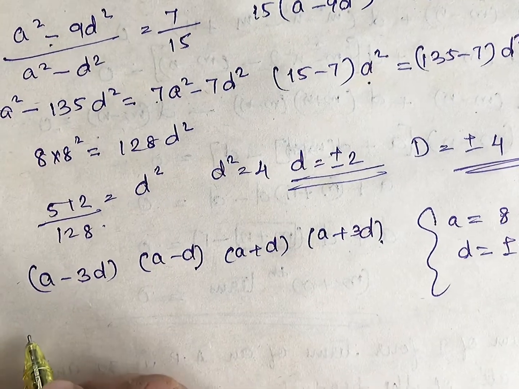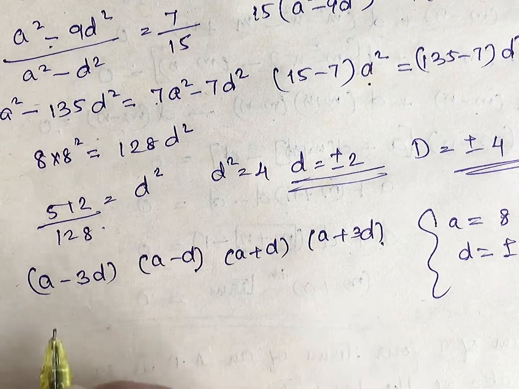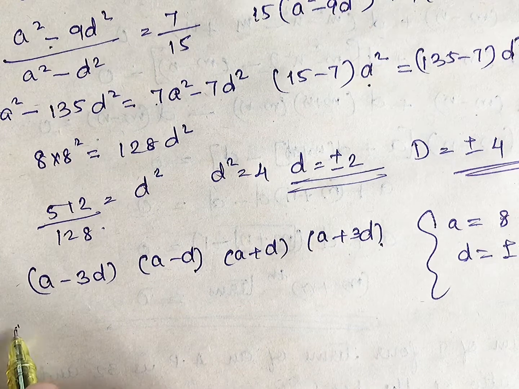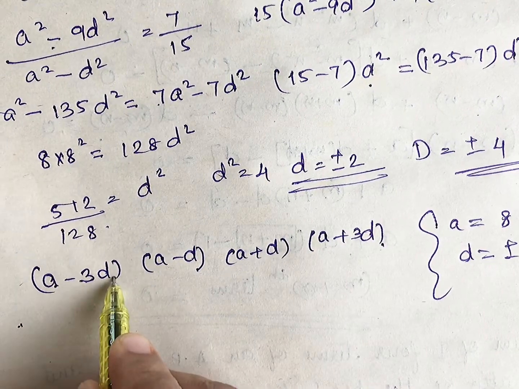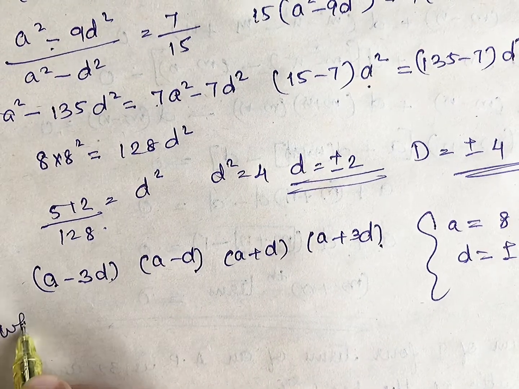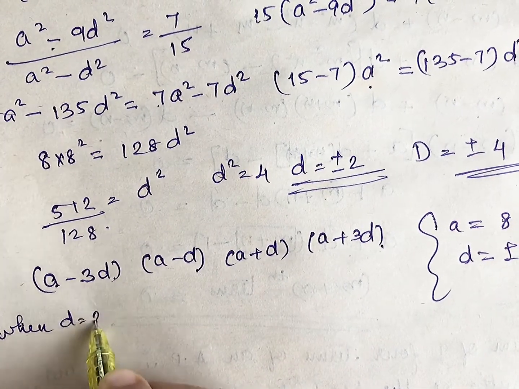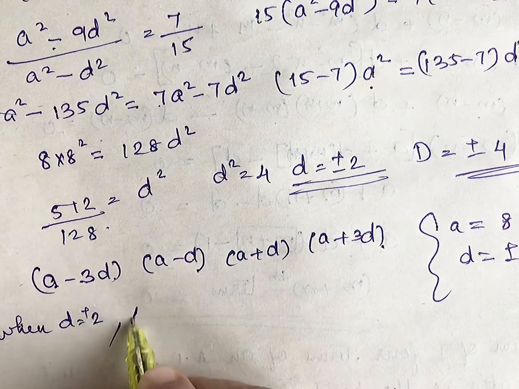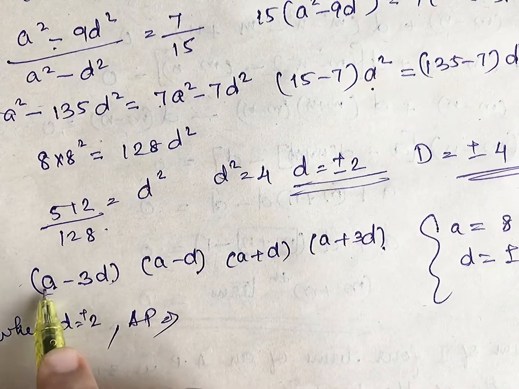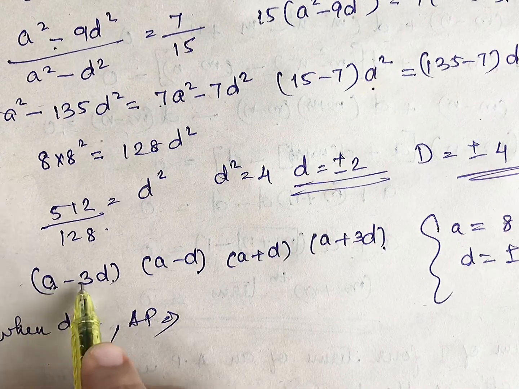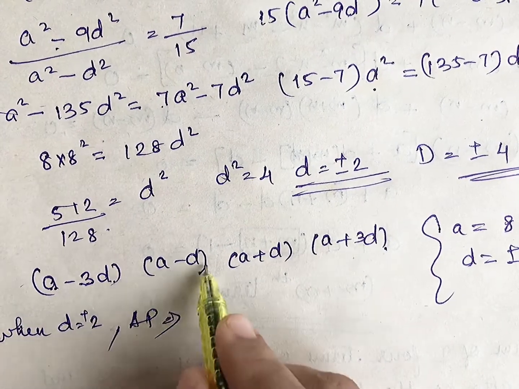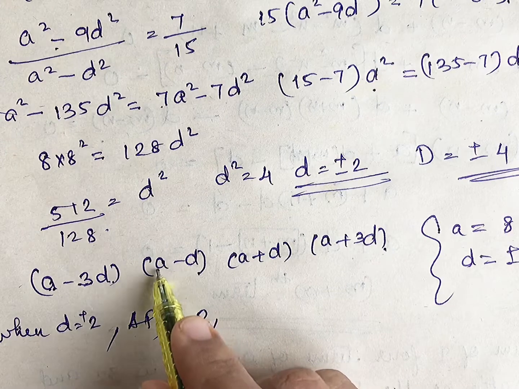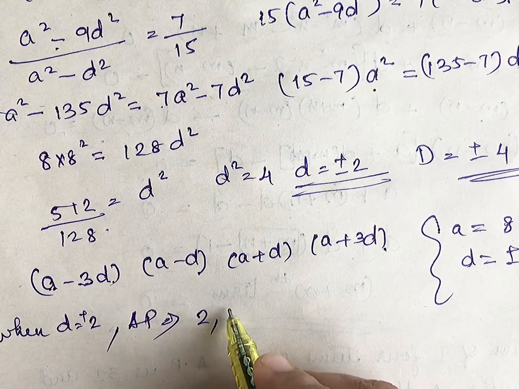Therefore, the AP can be in one of two forms. The first type of AP would be 8 minus 3 into 2, when d is equal to plus 2. We get the AP as a would be 8, 8 minus 3 into 2, 6, that would be 2. Then 8 minus 2 would be 6.